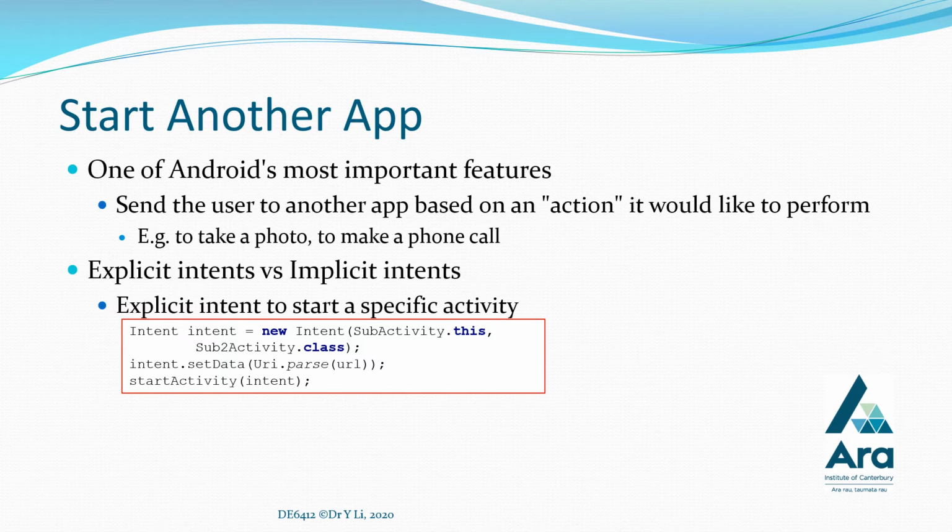The target activity is specified, and we definitely want to start the particular activity. Here is the Java code. It creates an explicit intent by taking the target class as the second argument in the constructor.